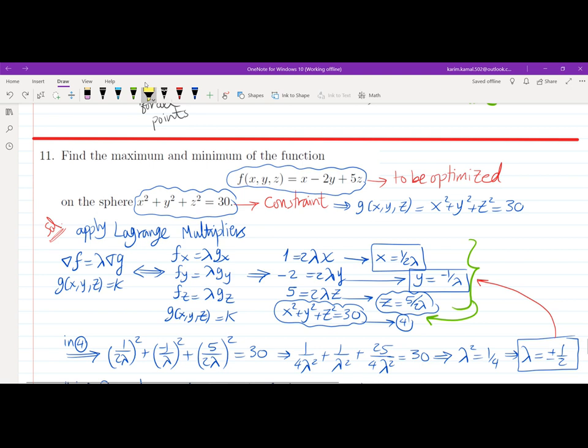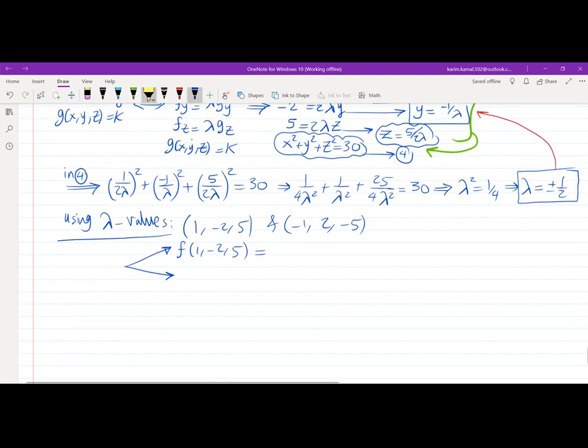At each critical point, f of x, y, and z for this point will be 30, and f at the second point, which is -1, 2, and -5, will be -30. Then this is the highest value. We can consider it the absolute maximum value, and this is the smallest value. We can consider it the absolute minimum value of this problem.